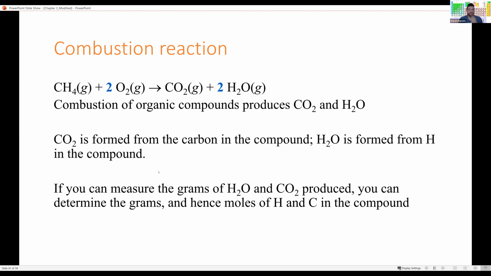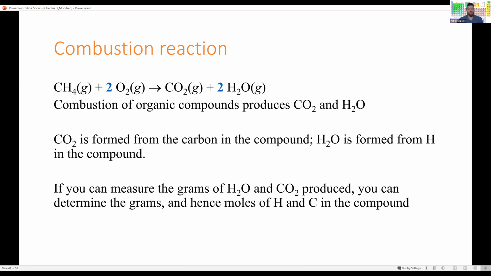So combustion is kind of different, but it's in combustion equations that I give you a lot of examples with empirical formula. So let's learn what a combustion equation is first, or a reaction when you combust something. It's fire. Yeah, it's fire. But there are specific rules to this equation.